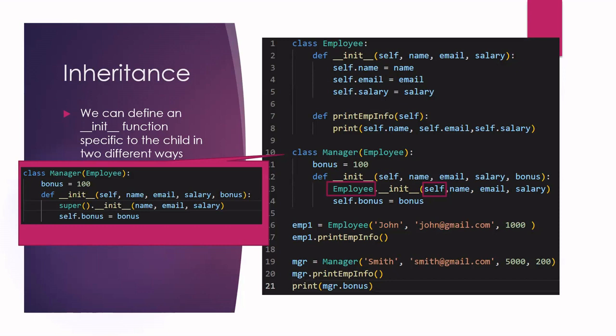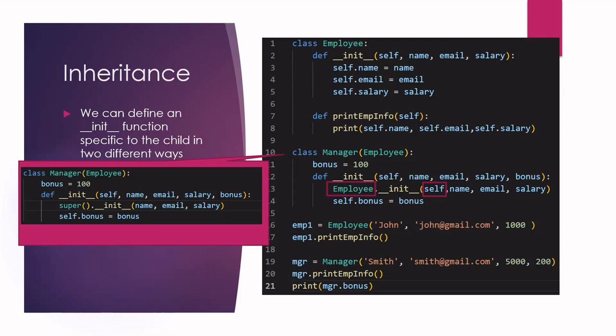So automatically the self part will be populated by the object that you're using before the dot. If you use the keyword super, you only start sending arguments after the self. You don't need to send the self, because the self will be populated automatically by the object that we are using before the dot.